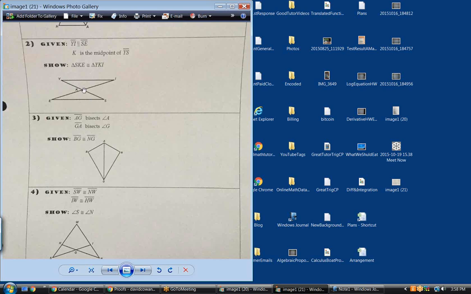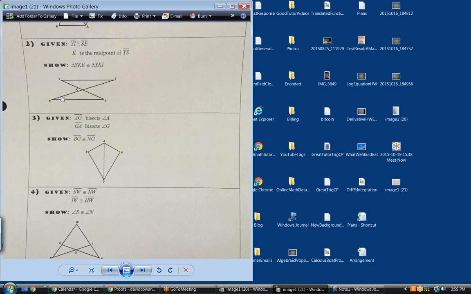If K is the midpoint of YS, then which two lines are congruent? YK and KS. Okay, that's a start. Which angles are congruent? Well, you mean K and the other side of that? Yeah, outside the triangle. But how about this one and this one? Yeah, those are vertical angles.